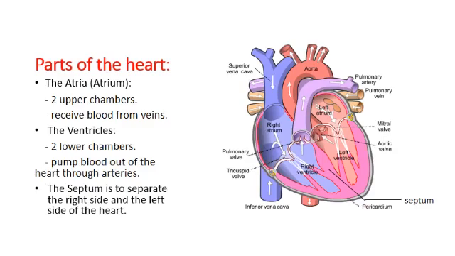Remember that arteries are blood vessels that carry blood away from the heart. What is the septum? The septum separates the right side of the heart from the left side, thus preventing the oxygenated and deoxygenated blood from mixing together.